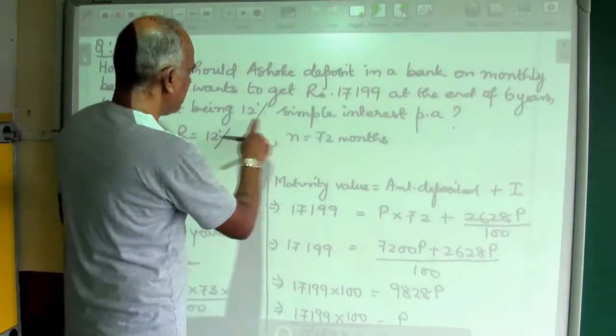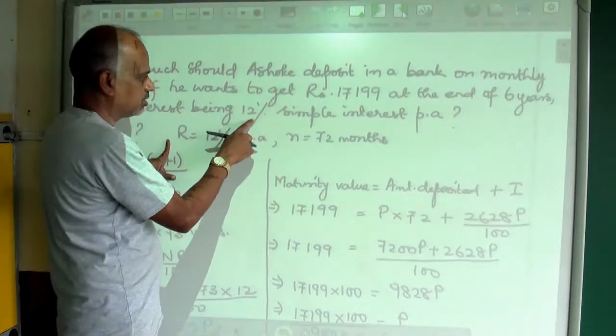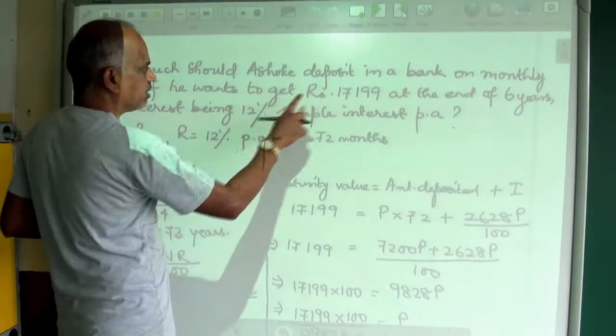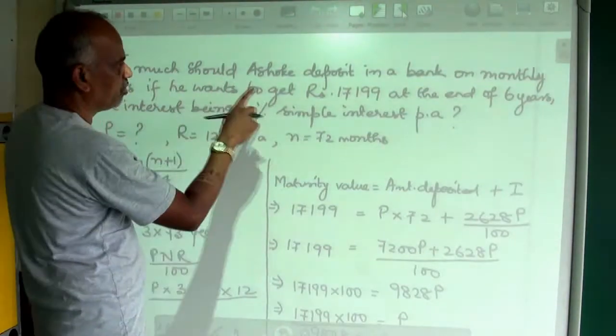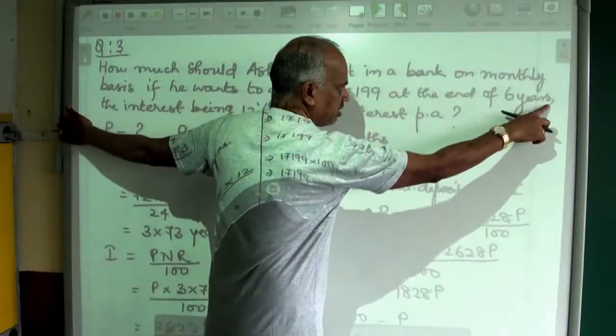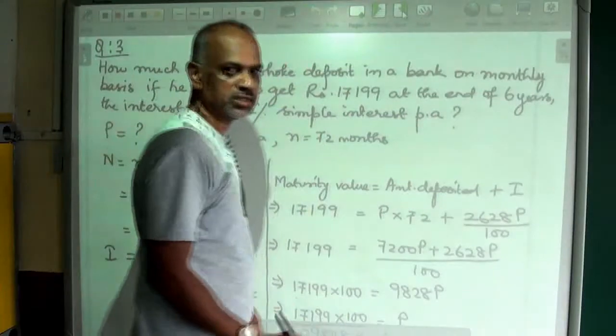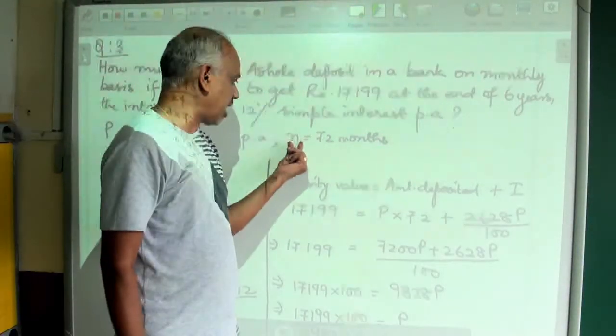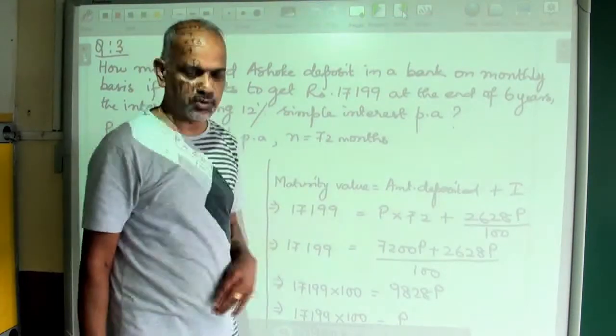Then the rate at which the bank is paying is 12% per annum, and time given here is 6 years. Again, change this to months. 6 into 12 will give you 72 months, that small n value.